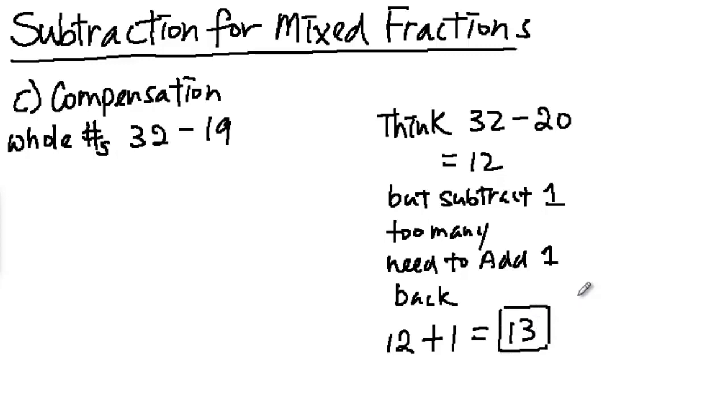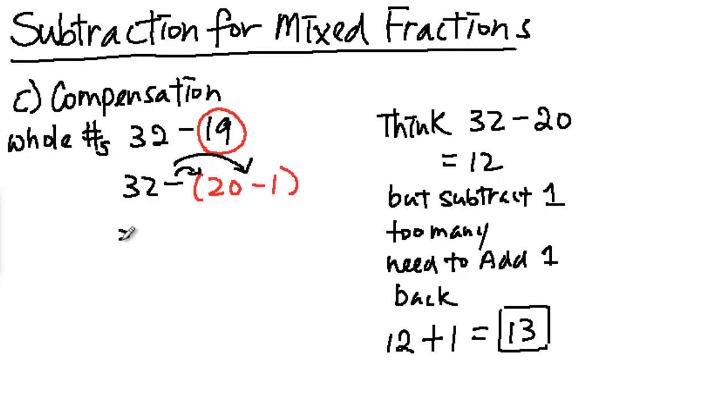So using this kind of mental math, this is compensation, and will you agree 19 is pretty much the same as 20 minus 1? So I replace my 19 with 20 minus 1. And if you have a subtraction sign in front of parentheses, you need to distribute the negative, right?